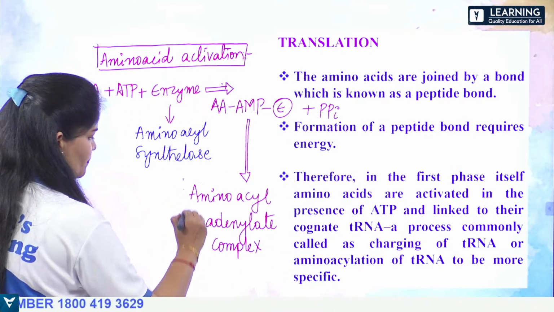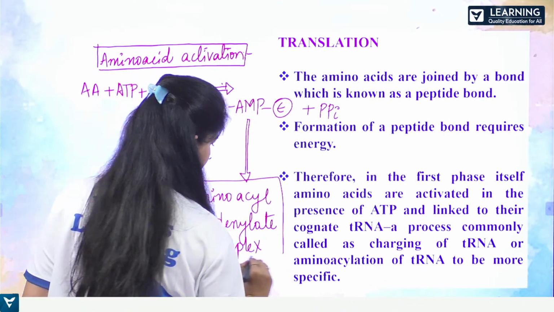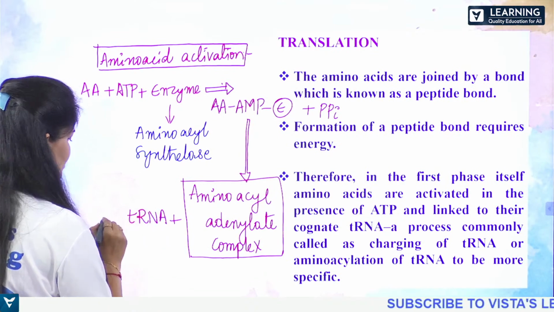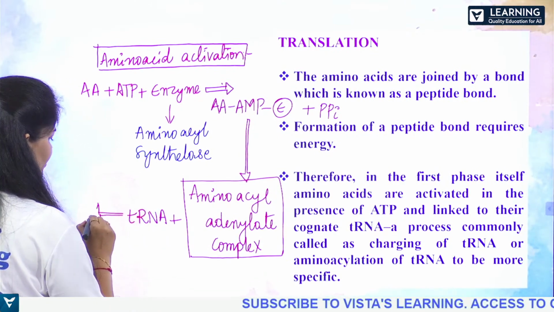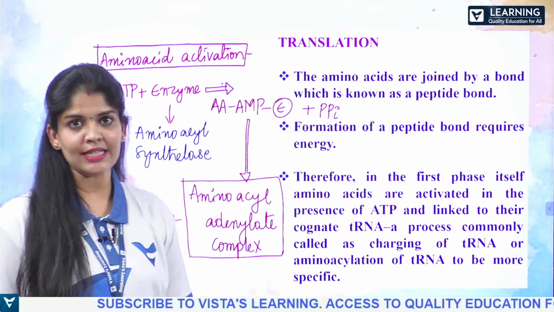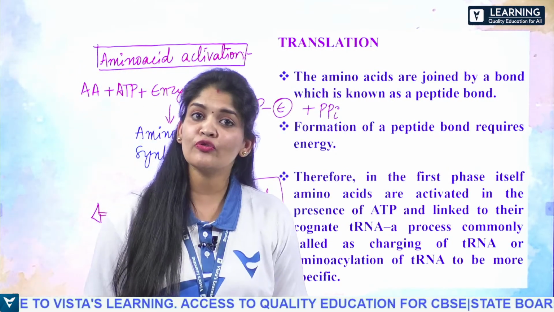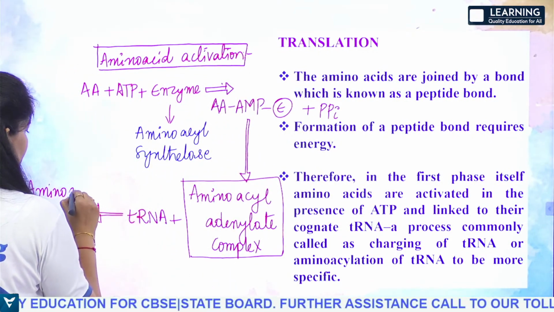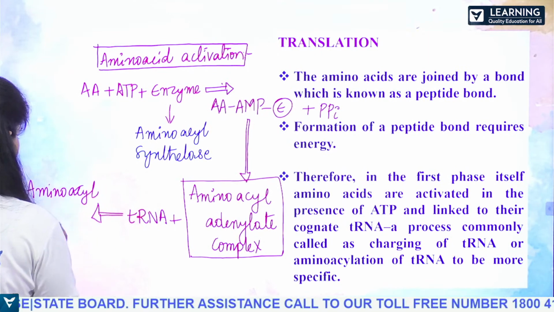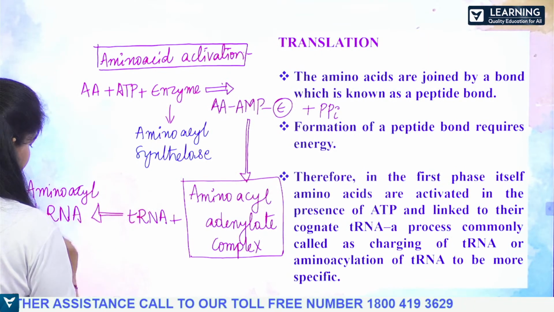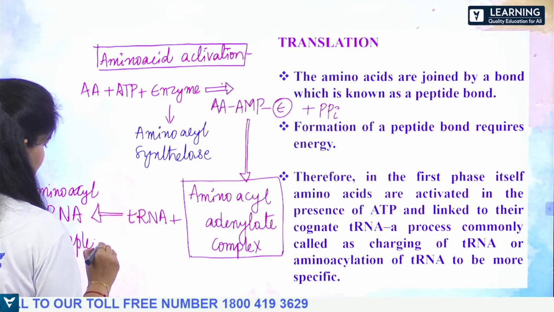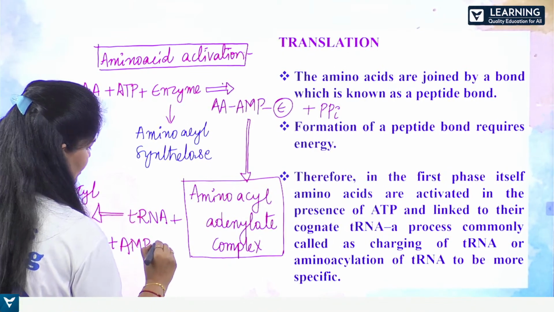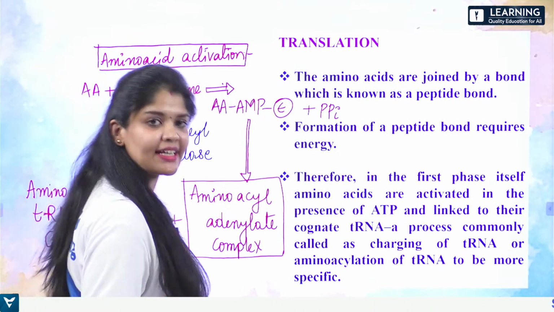Now, this complex plus tRNA, because it has to associate with a specific, respective, corresponding tRNA. So here it will lead to the formation of amino acyl tRNA complex, plus AMP plus enzyme, and this enzyme will be used again and again.